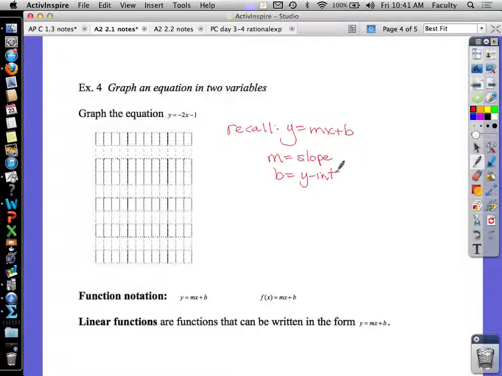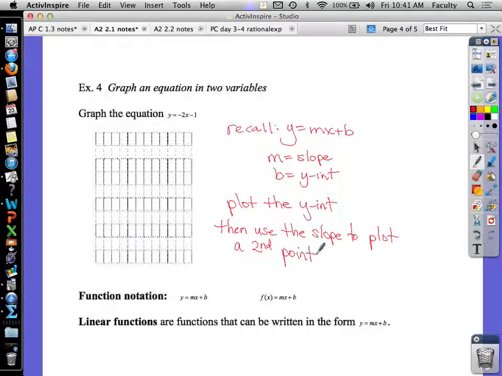To graph a line, and you should recognize y equals mx plus b as a line, what you do is you plot the y-intercept, then use the slope to plot a second point. So this is just a helpful note for you as you are looking at your notes to help you on your homework. And remember, grade your homework, and it's in the back of the book.